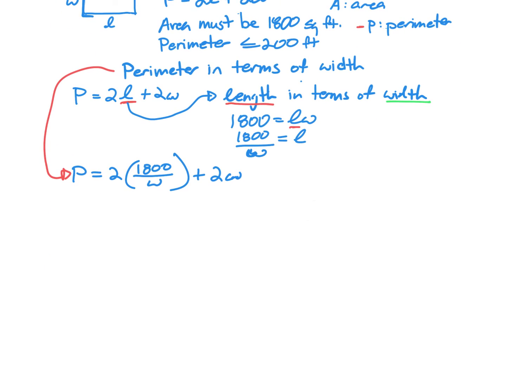Okay, well, I want a width that creates a perimeter that is less than 200. Okay, so I'm going to say 200, so as I plug in different numbers for width, right, I want it to always be less than or equal to 200.